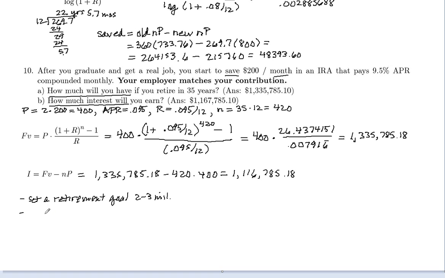Something else would be to use a budget. Budget your monthly expenses. We talked about that mint.com site. To use a monthly budget.